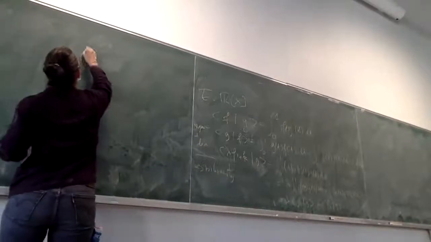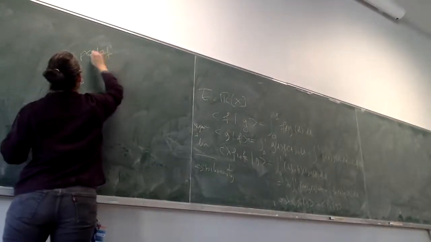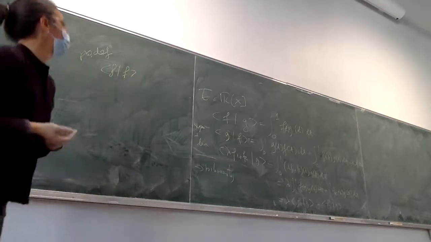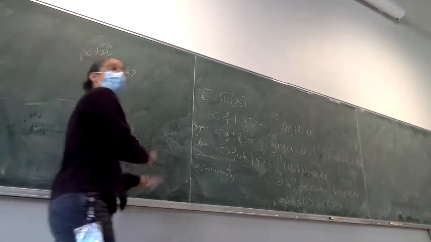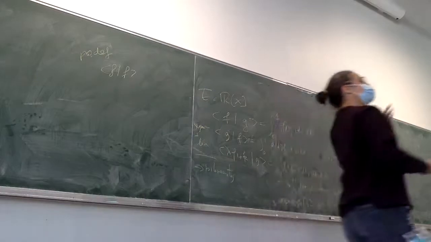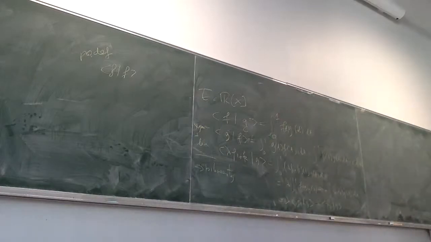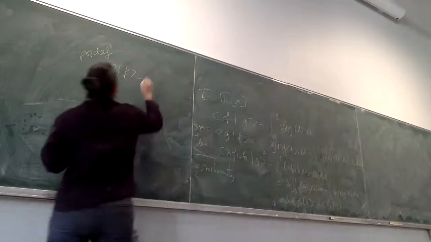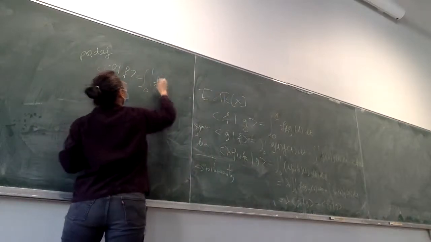So what do we do? Plug f with itself, because that's what we're going to use to define the norm. We know that it should be the square root of this, so it has to be positive, otherwise I can't define a norm. So that will be the integral of f squared.